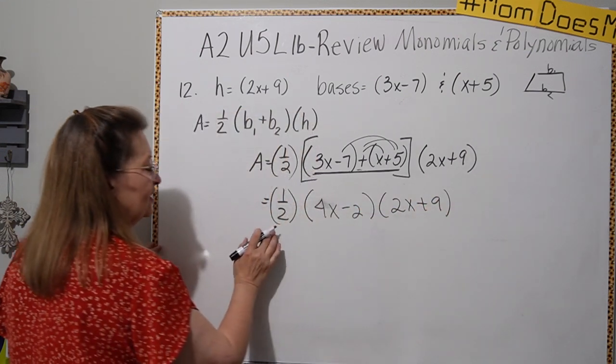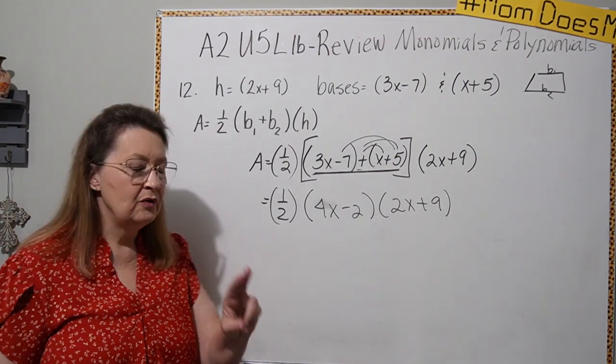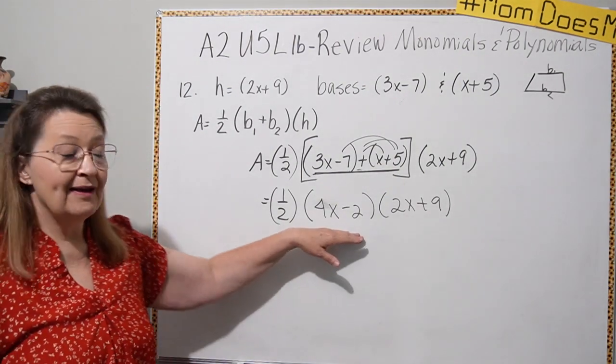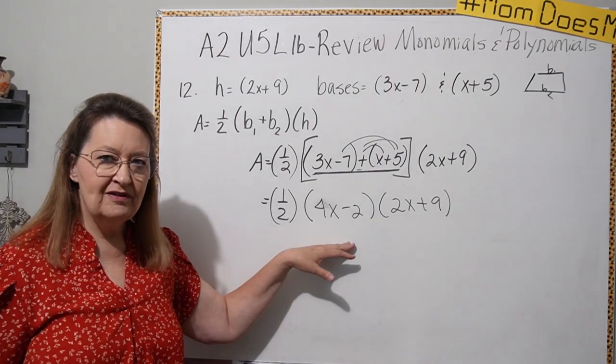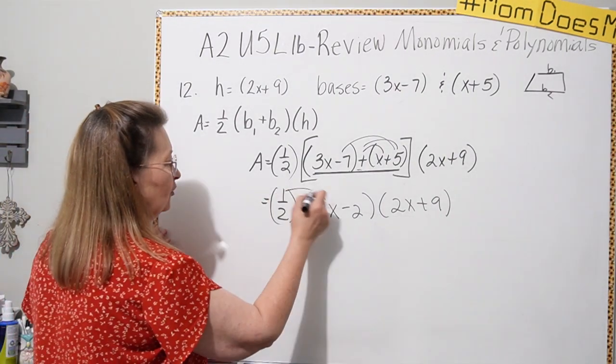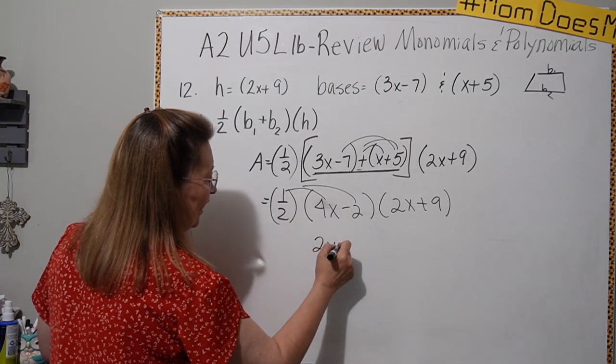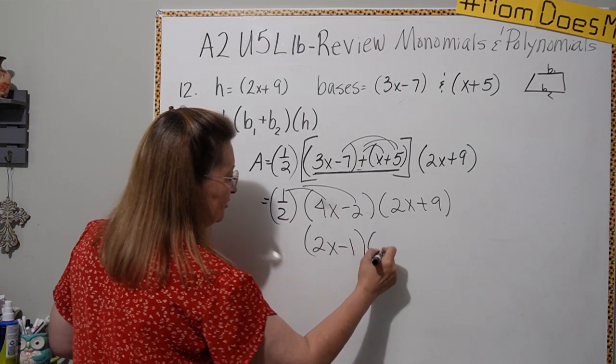So now I have 3 sets of parentheses multiplied together. Remember, 2 at a time, pick your 2. I pick 1/2 times this, because both of these numbers are even, so I'm just going to be taking half of them. When I multiply 1/2 times 4, I get 2x, and 1/2 times 2 is minus 1.